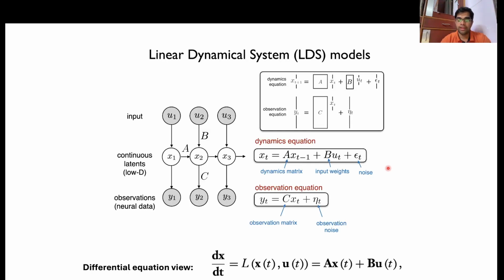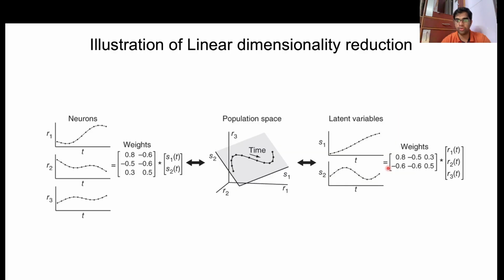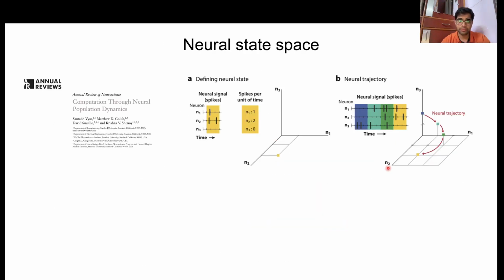Before getting there, let me repeat how to construct this space. There is a nice review paper called Computation Through Neural Population Dynamics from Krishna Shenoy's lab.